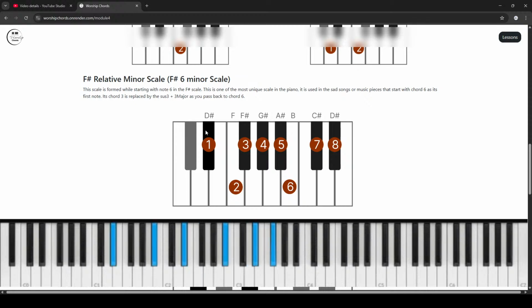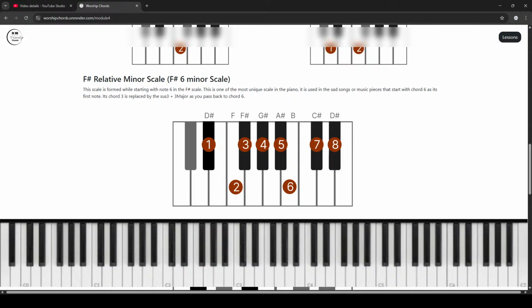So you find that the first chord is 6 and then it finishes up with 6. Like for example, let's look at another song. Shalom usually starts with a note 6, okay, and then also ends up with note 6.